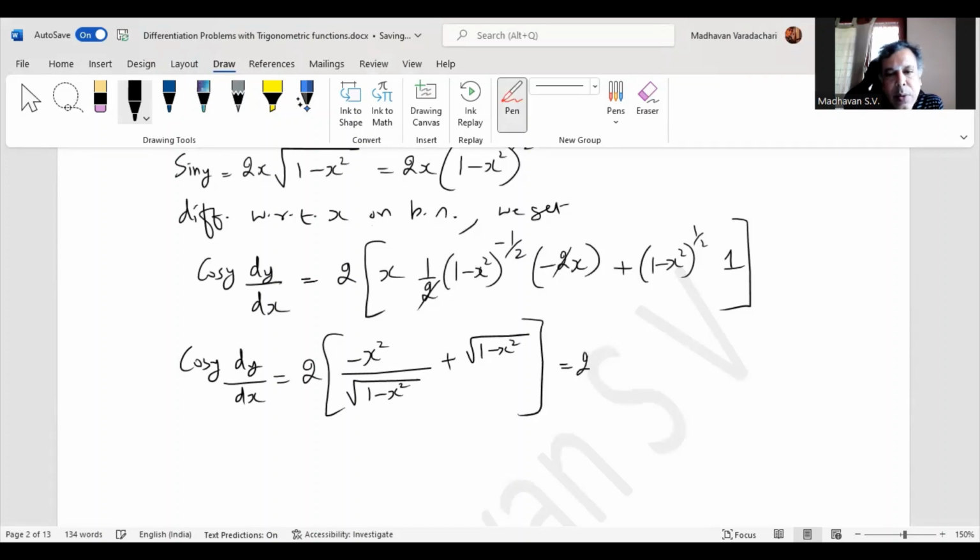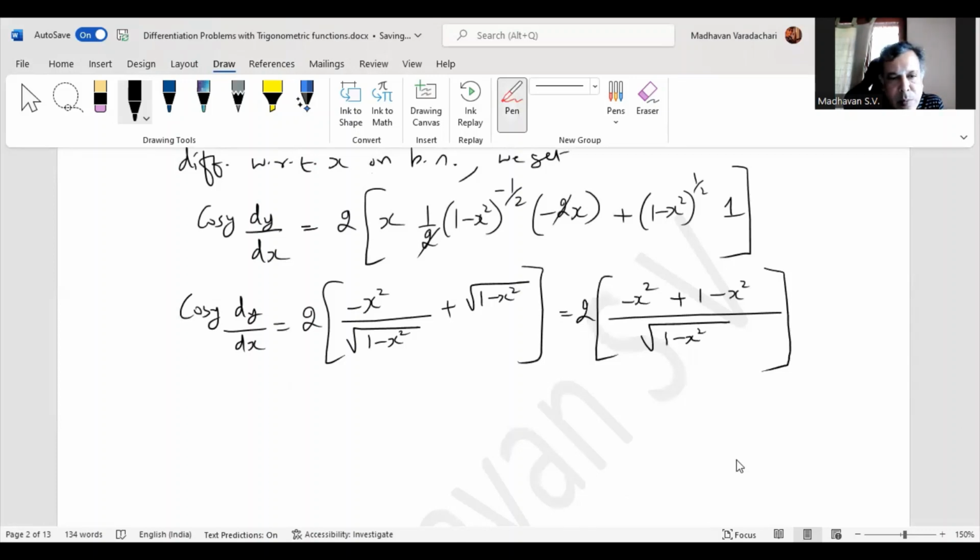That is nothing but 2 times, let us take the LCM as root of 1 minus x square. So here it will be minus x square, and here it will be 1 minus x square. So cos y dy by dx is 2 times 1 minus 2 x square by square root of 1 minus x square.